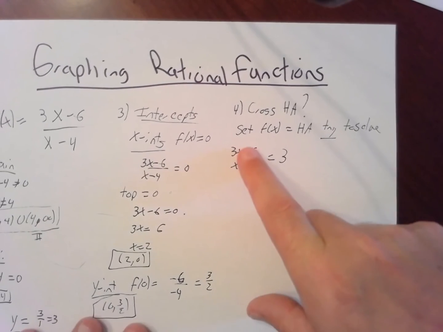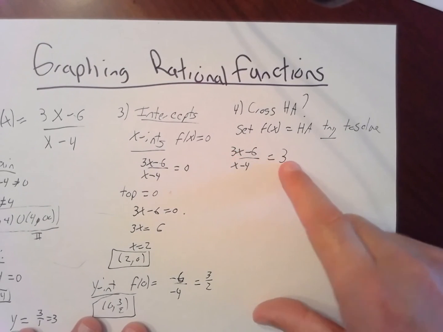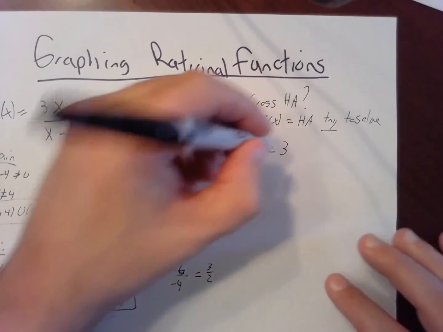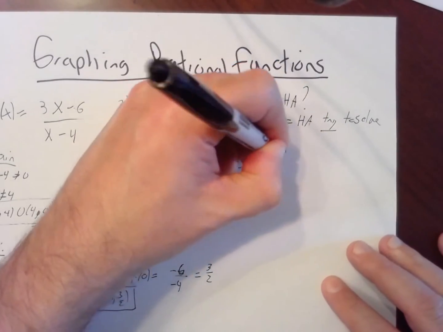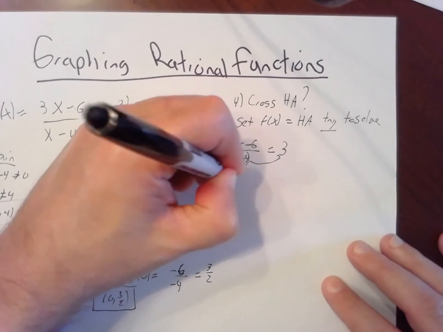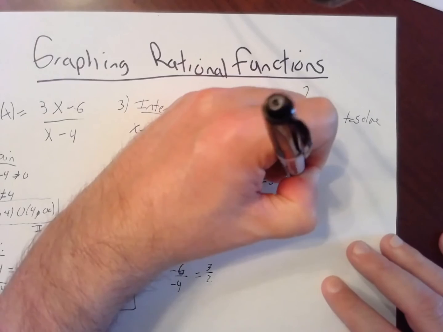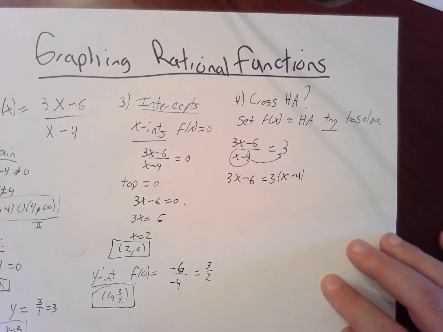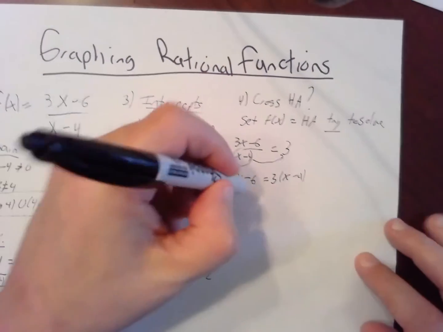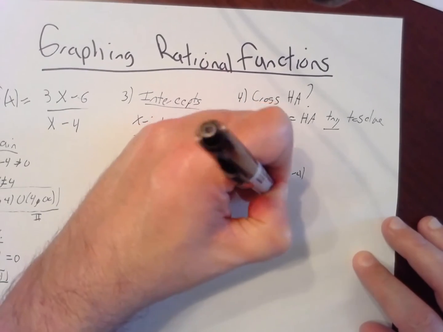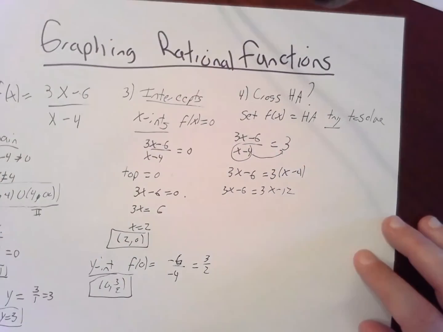Okay, this is just a proportion. Just a fraction equals a number. I would cross multiply. Take that x minus 4 and multiply it over. 3x minus 6 equals 3 times (x minus 4). Distribute over here. 3x minus 6 equals 3x minus 12.